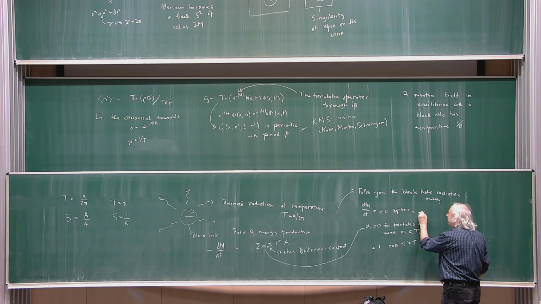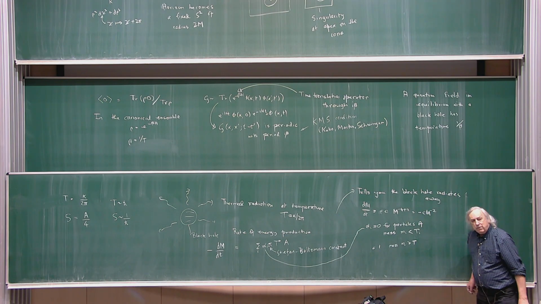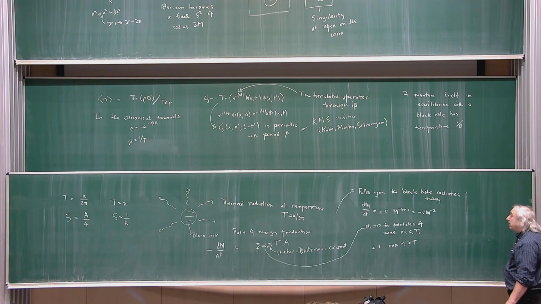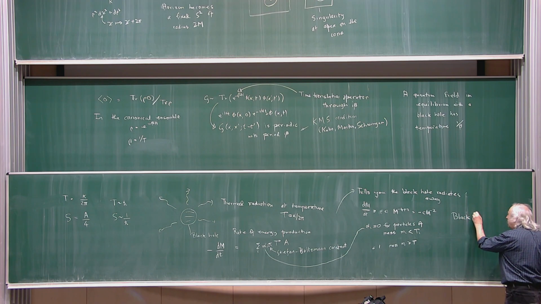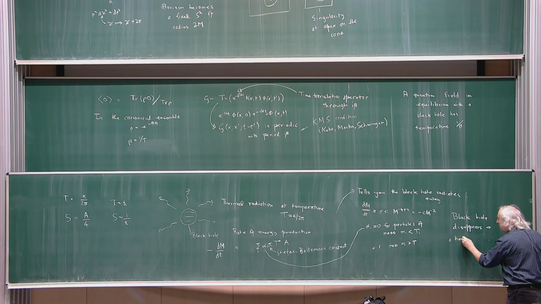So this is minus c times m to the minus 2. That tells you that the black hole will evaporate away completely on a time scale of order m cubed.